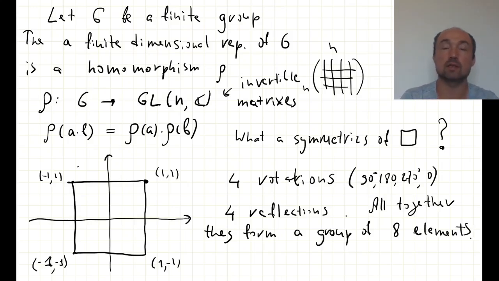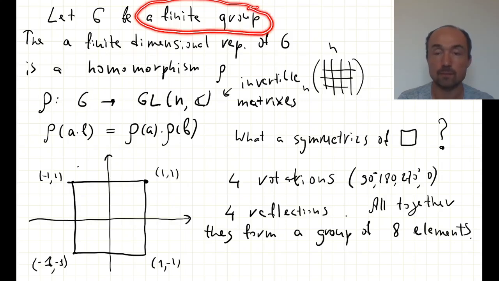This is clear: symmetries form a group. If you take one symmetry and then another symmetry, the composition is also a symmetry. So we see a finite group of 8 elements.